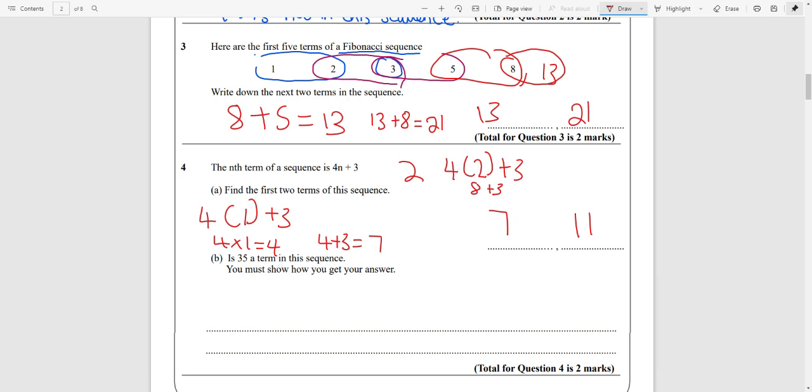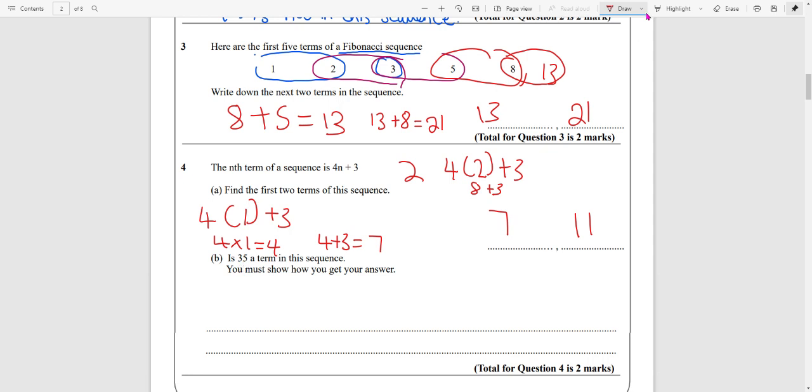Now, part B of this question is the question that a lot of people struggle on. Is 35 a term in the sequence? You must show how you get your answer. What you have to do in this situation is make the nth term of this sequence equal to 35.